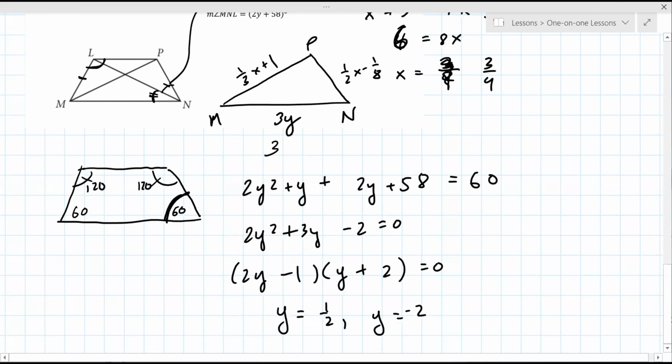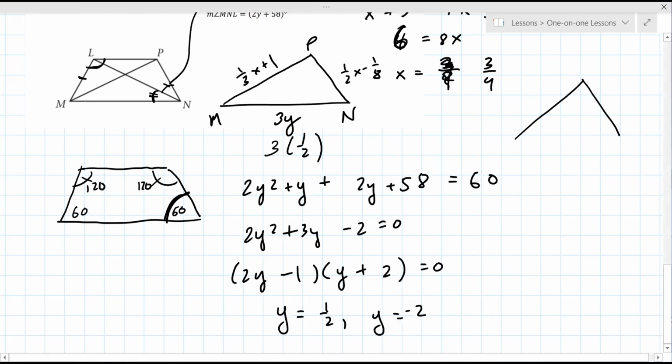Yeah. So you have to keep that in mind. Your y is 1/2, and your x value is 3/4. Okay. So the last step is to put those values in here to get the lengths.